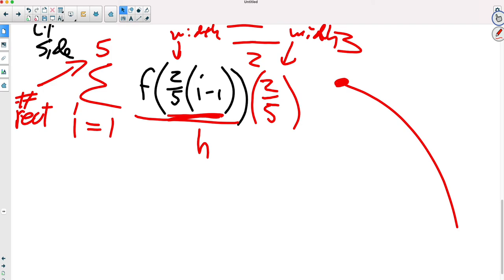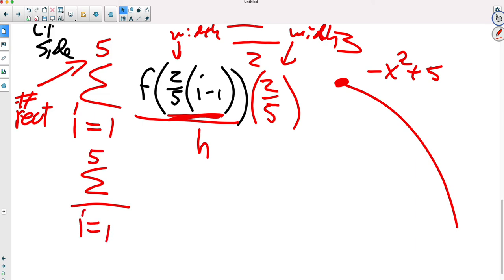What was the function again? Negative x squared plus 5. So this goes into the function. And I like to put it in parentheses here, so it's going to be 2/5 times i minus 1, times 2/5.